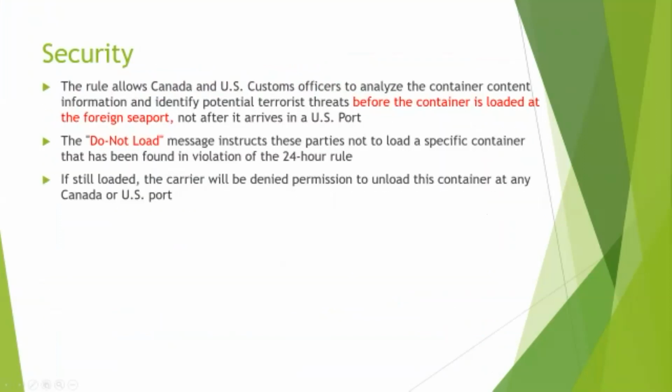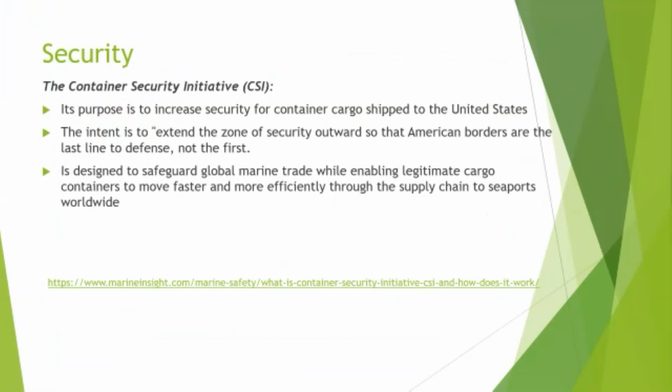And then after, as I explained to you already, I covered this subject, we discussed it. And we have another subject, we call it Container Security Initiative, whose purpose is to increase security for container cargo shipped to the United States.